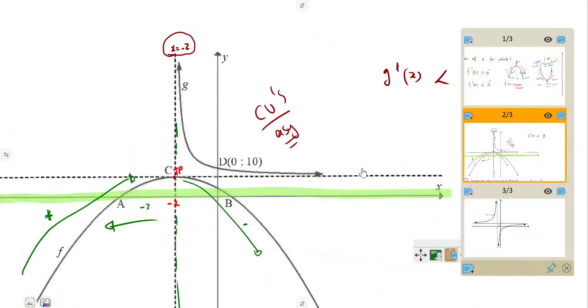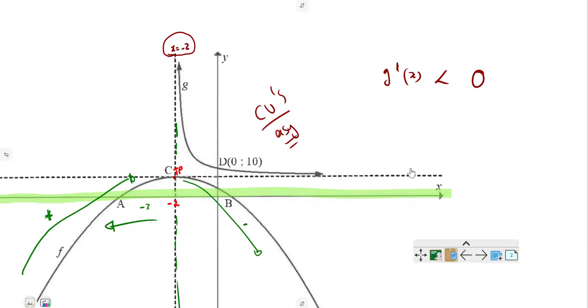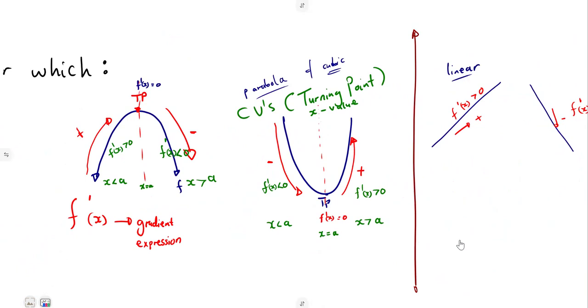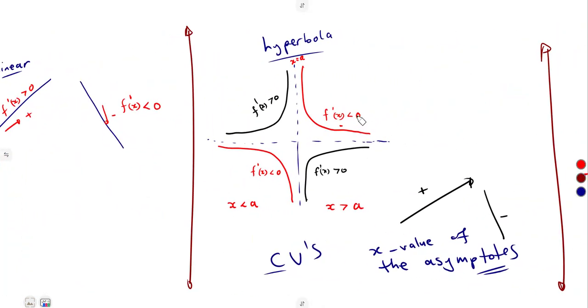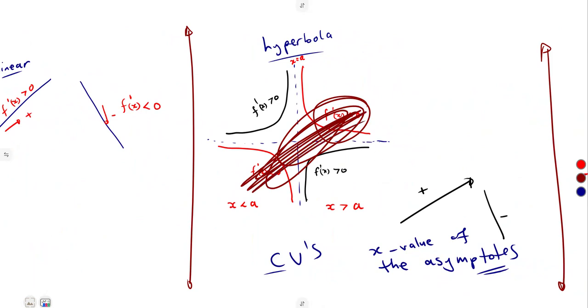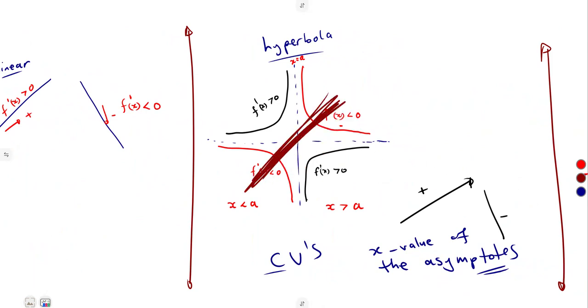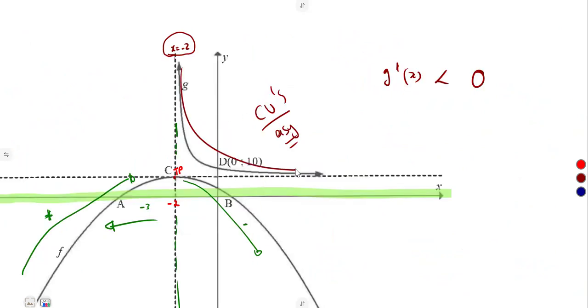So if you check here for a hyperbola, the first and the third, these two, they have a decrease. So this is the same condition as our question here. That's a decrease. So it is limited to the critical value of the asymptote, where x is minus 2. So from there, x is supposed to be greater than minus 2, as we are going to the right side. x cannot be equal to minus 2 because it's an asymptote. We are talking about g.